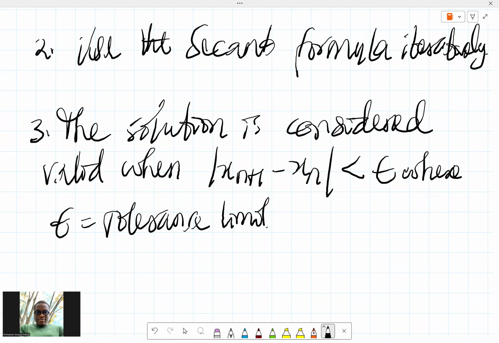So that gives us a guide as to how far to go. The more accurate a result you want, the smaller your tolerance limit would be.